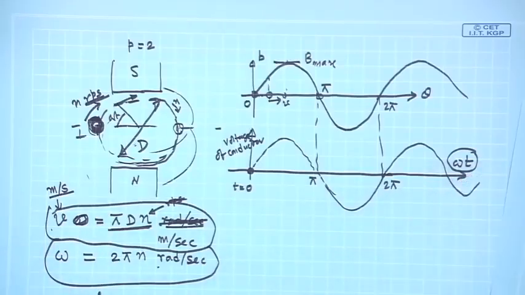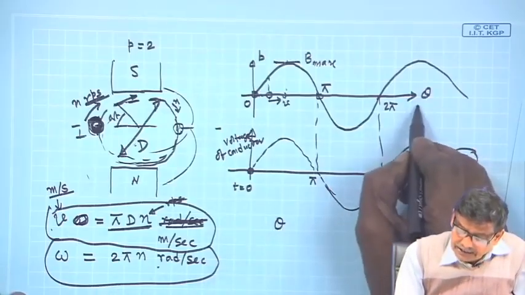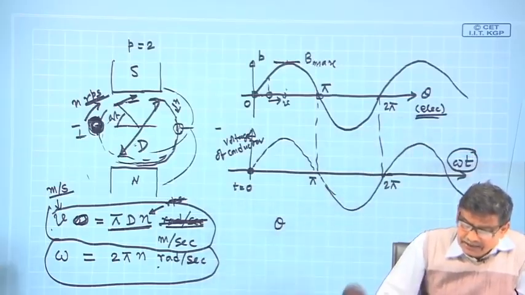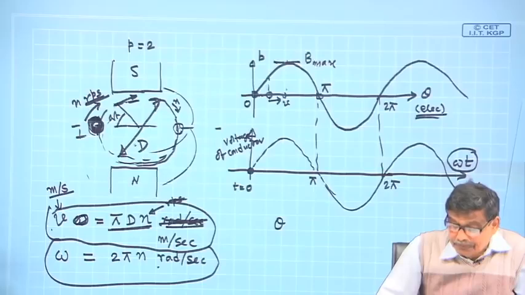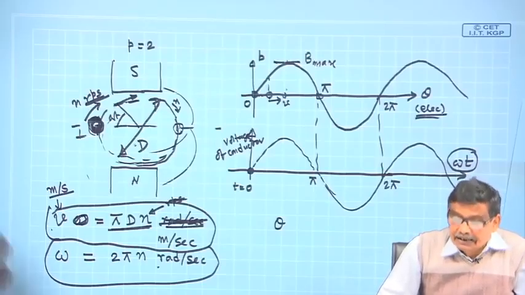Therefore, in a two pole machine we say theta electrical, and time is really not ripe to distinguish between mechanical and electrical angle.